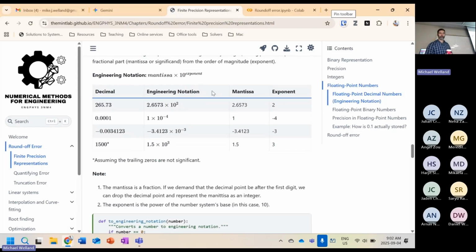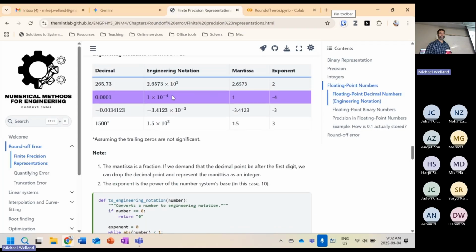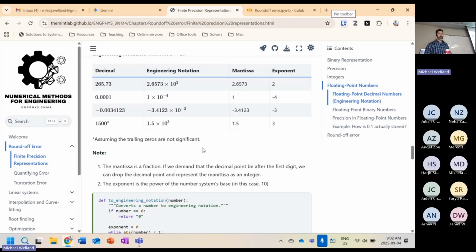Mantissa is the part in front, right? And then the exponent is the part inside it. What kind of number is the mantissa? Not quite. The entire thing is a float.